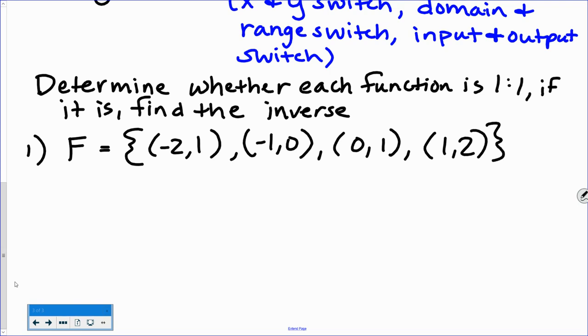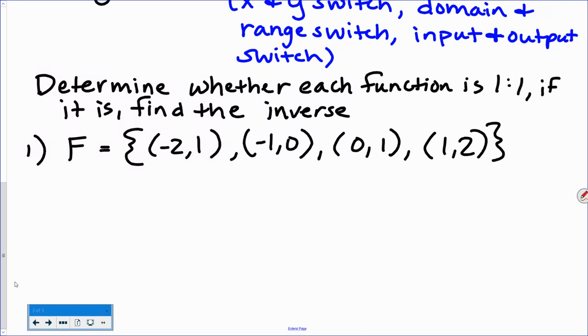Close my curly brackets. There's my set. That function is represented by 4 points. So I need to determine if this function is one-to-one. Does every x value go with a different y value, or does every y value go with a different x value? Or do any x or y values repeat?